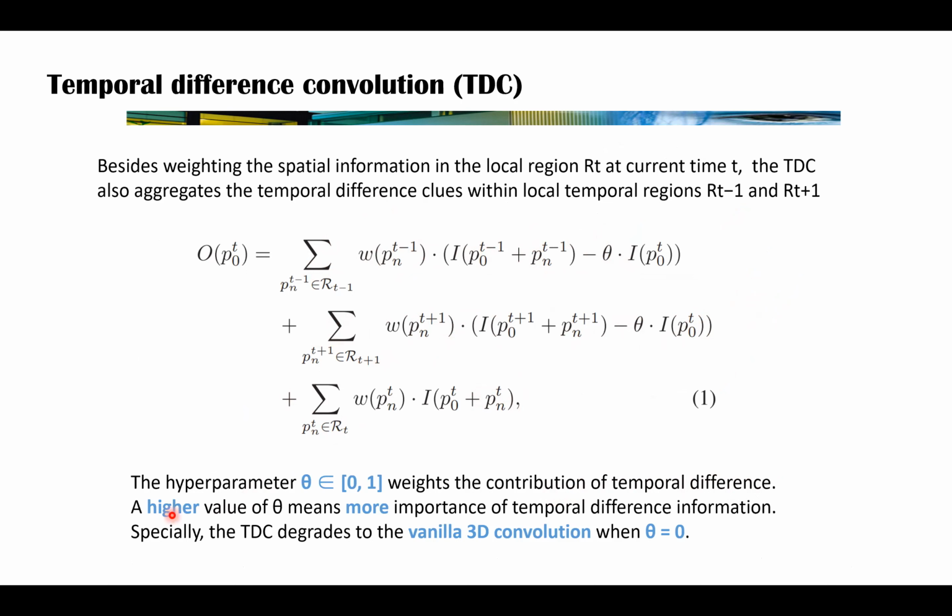A higher value of theta means that we put more importance on the temporal difference information. And especially when theta equals 0, this part is removed. So this will be a vanilla 3D convolution.